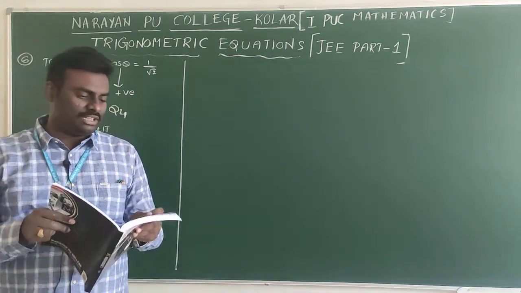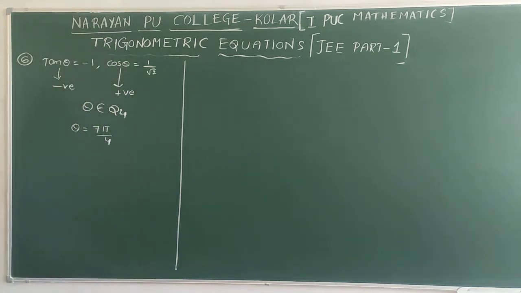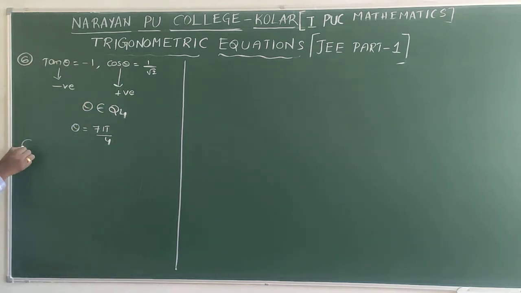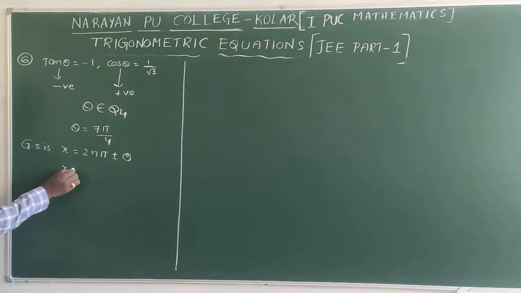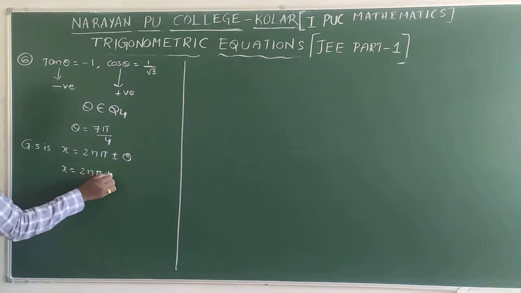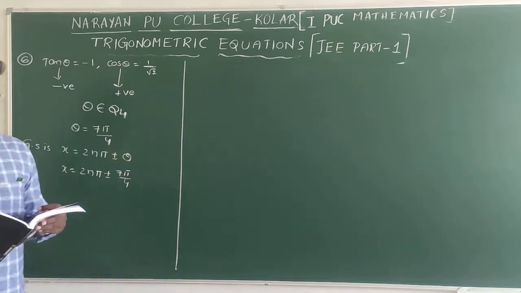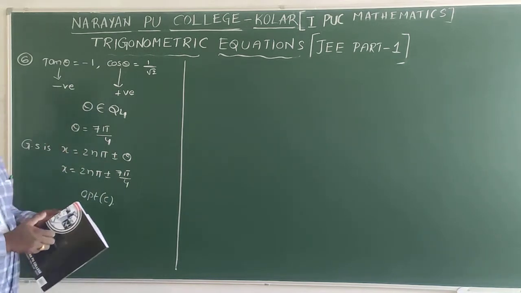In the question, the most general values are asked. If we take the most general values, the number of values for cos is more, therefore the general solution is x equals 2n pi plus or minus theta. Now x equals 2n pi plus or minus 7 pi by 4. But here minus is not given, only the plus option is given. That's why option C is the correct answer for question number 6.